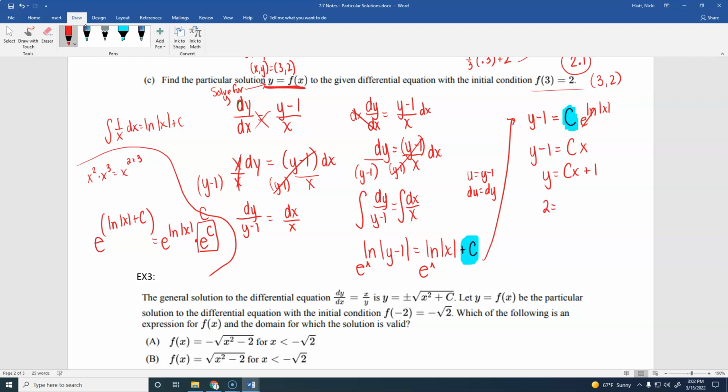You could do 2 equals C times 3 plus 1 and solve it that way. Either way is fine. If you do it this way, you'll get 1 equals 3C. Divide by 3. So for your C, you're going to get 1/3. So your very final answer is going to be y equals 1/3 x plus 1.